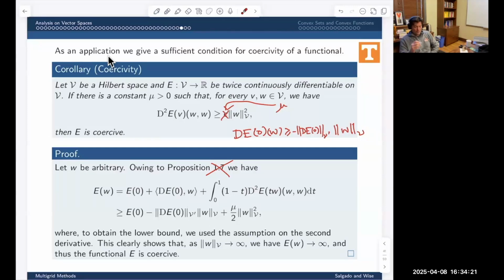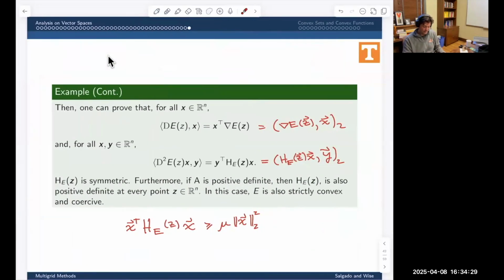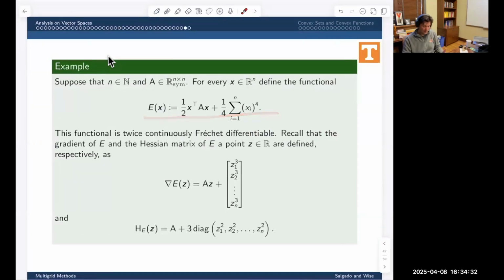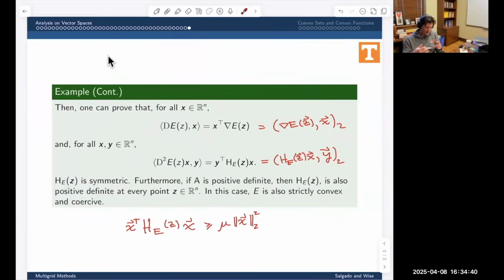So we now know that this has to hold for our current example. This says that the function is not only twice differentiable, but it's also going to be coercive. The one thing I haven't shown is that E is also strictly convex, and I'll show you that momentarily.